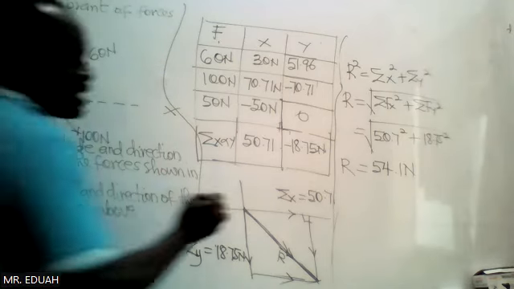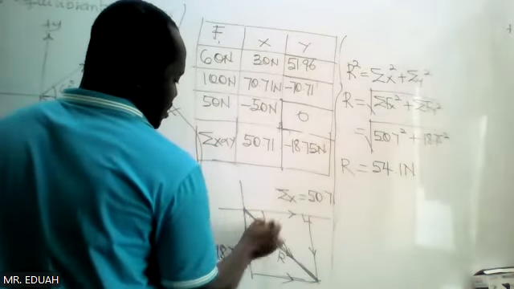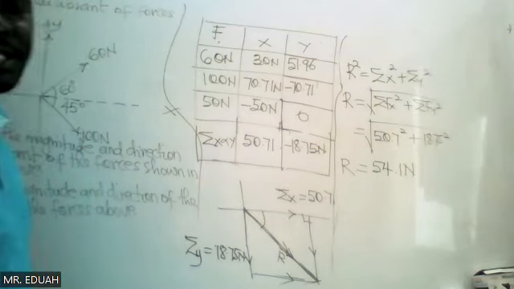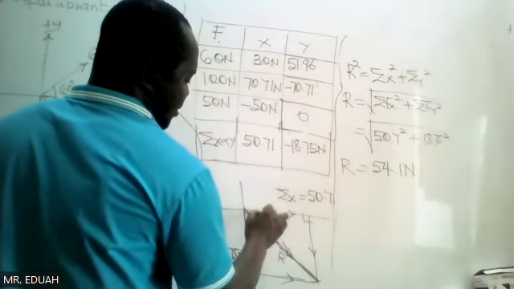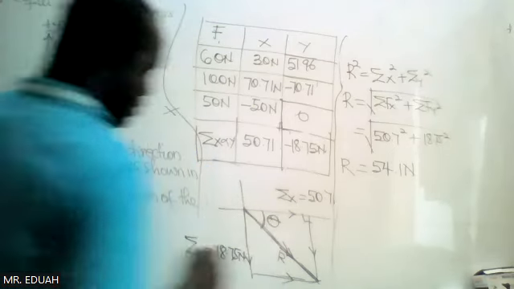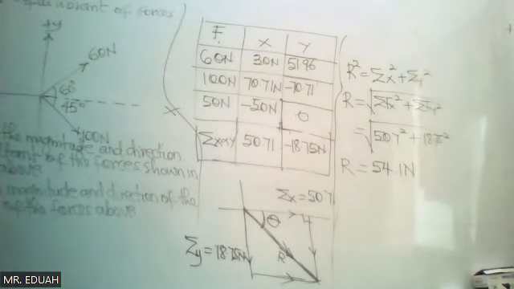Okay, let's find the direction. So, in determining the direction, let's find theta first. The direction R makes with the x-axis. Help me get that first and foremost.